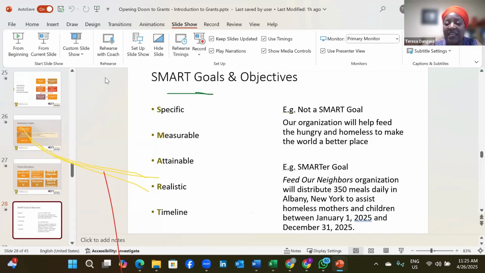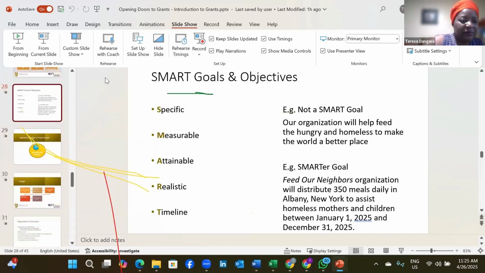And you've also given us a timeline. 350 meals a day is realistic. And the timeline is January 1st, 2025 to December 31st, 2025. That's a SMART goal. So your goals must be very, very specific.